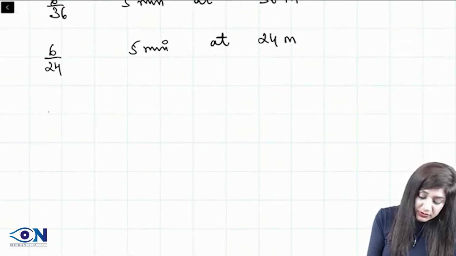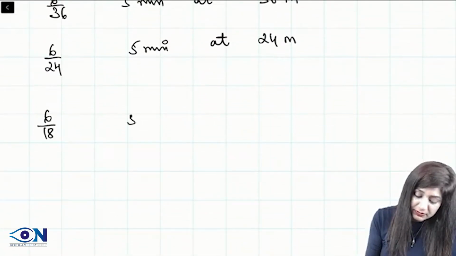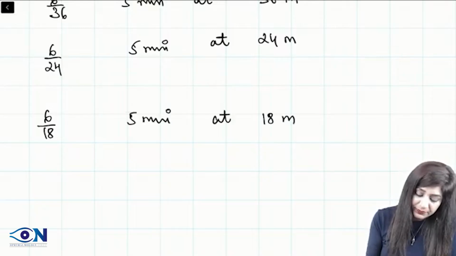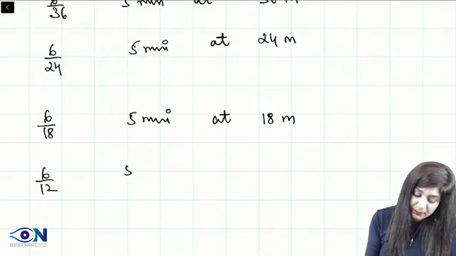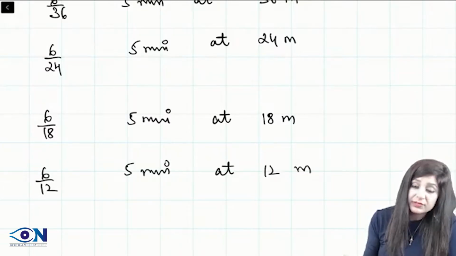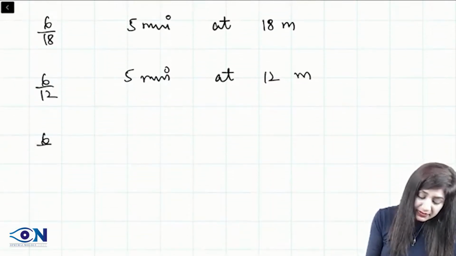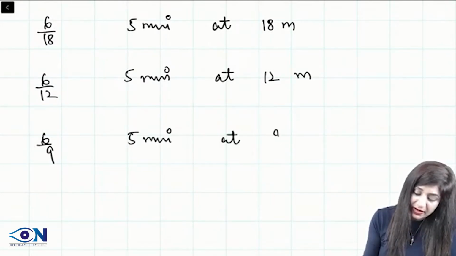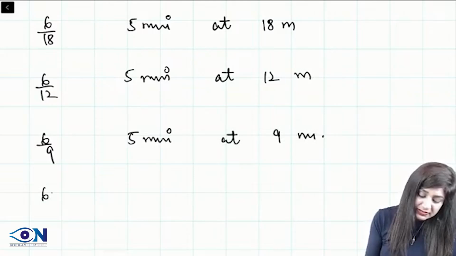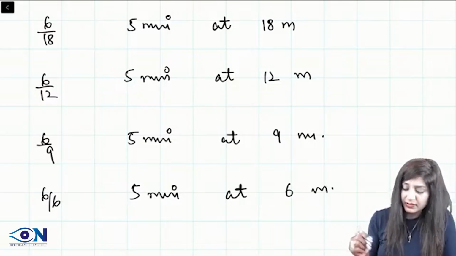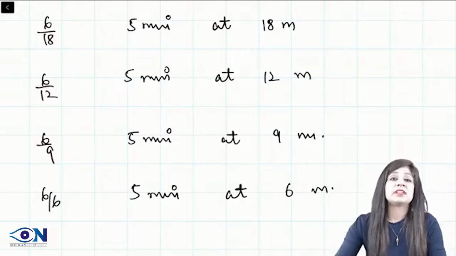If I talk about 6 by 18, then this is 5 minutes at the 18 meters. Then 6 by 12, this will make 5 minutes at the 12 meters. 6 by 9 means we have 5 minutes at the 9 meters, and finally 6 by 6, it will make 5 minutes at the 6 meters only. Okay, so this is the case.